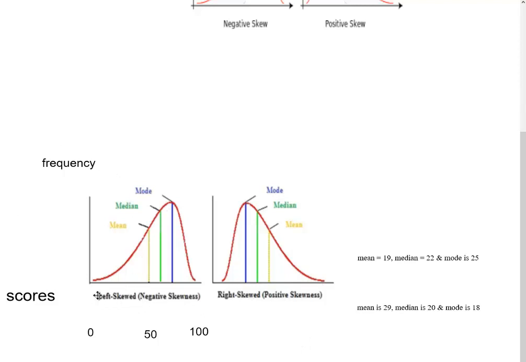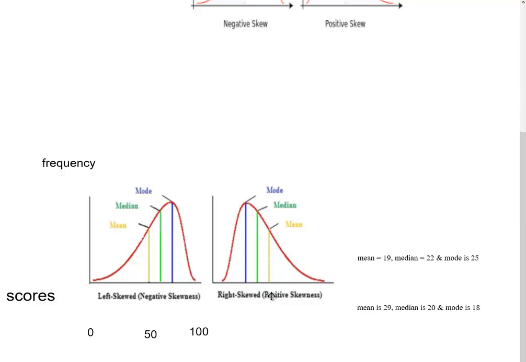So now we want to look at where the scores lie. In this graph, if we're thinking 0 to 100, most of the scores are over here on the positive side, in the positive zone. And on this one, the bulk of the scores, here's the frequency, are in the negative zone.